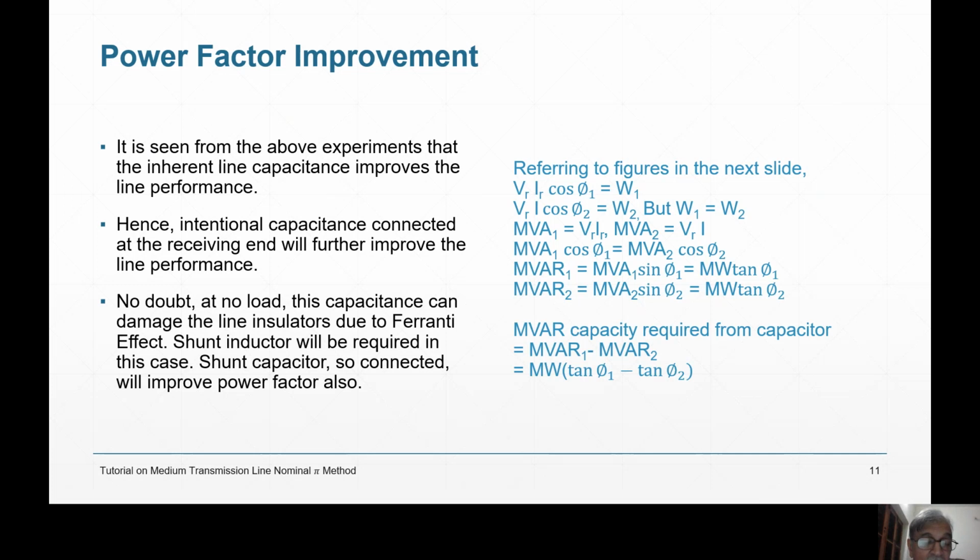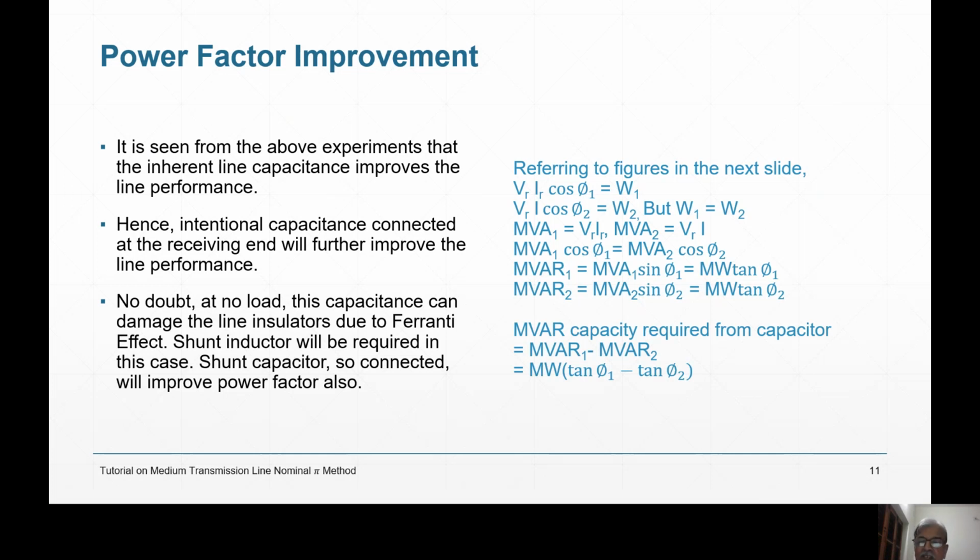Less MVA requirement means V is constant, but I will reduce, and therefore the generator will be of smaller size. It will be less costly. Your transformer will be of smaller size. It will be less costly. So you see, whatever you do at one small place, a small capacitor that is added, is affecting the whole power system that you are using.